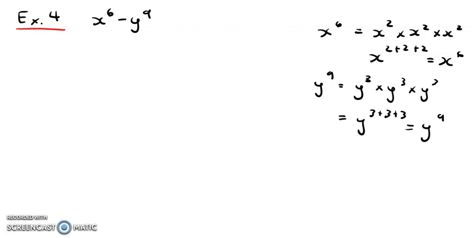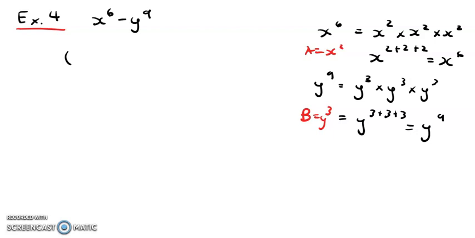Because basically what this is telling us is that our a would be x squared, and that if we were to factor this using difference of cubes, our b would be y cubed. So let's apply that knowledge now to factor this.